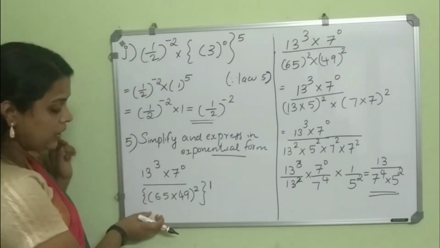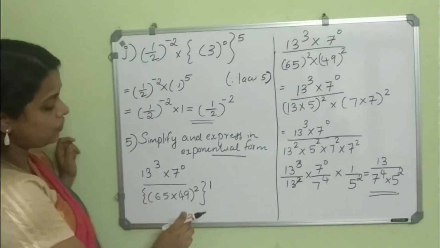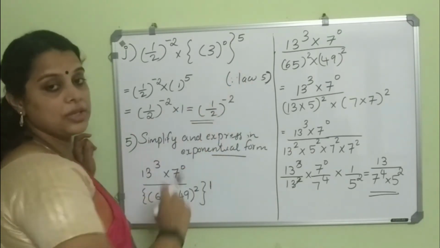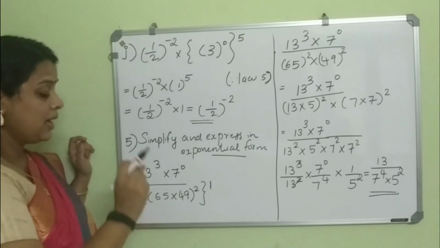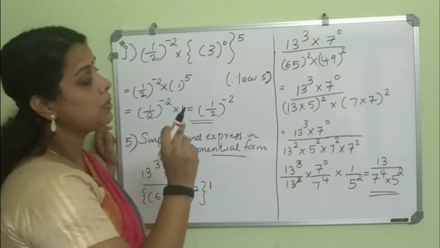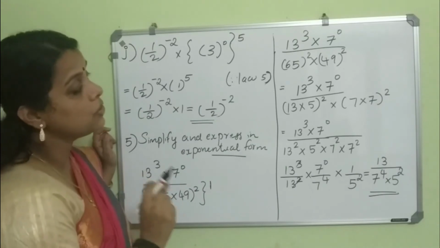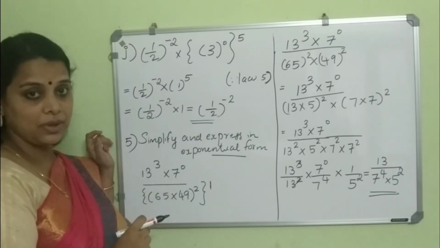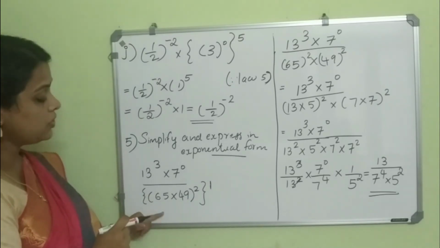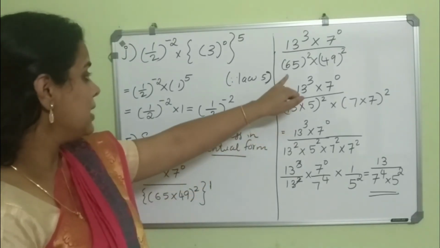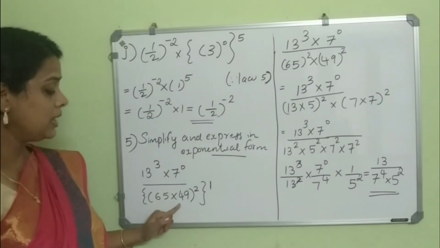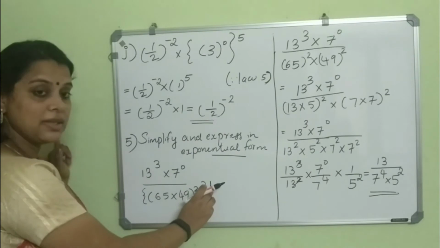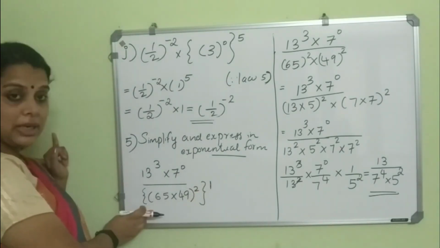See, we know one law: x into y all square we can write x square into y square. The law is like x raised to a into y raised to a is equal to x into y raised to a. We know that rule. So using the rule, we can convert that to 65 square into 49 square. This all raised to 1 means the value raised to 1 is the same number itself.